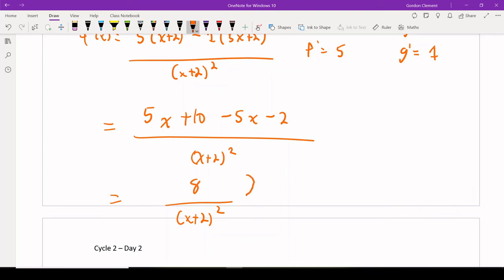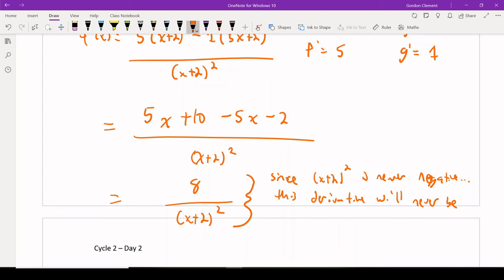And we can see that since x plus 2 squared is never negative, this derivative will never be negative. Therefore, the function never decreases. So that's the kind of argument that you need to make there.